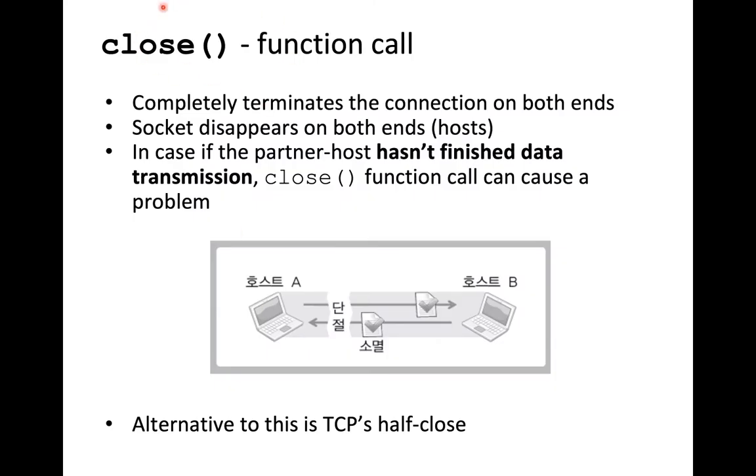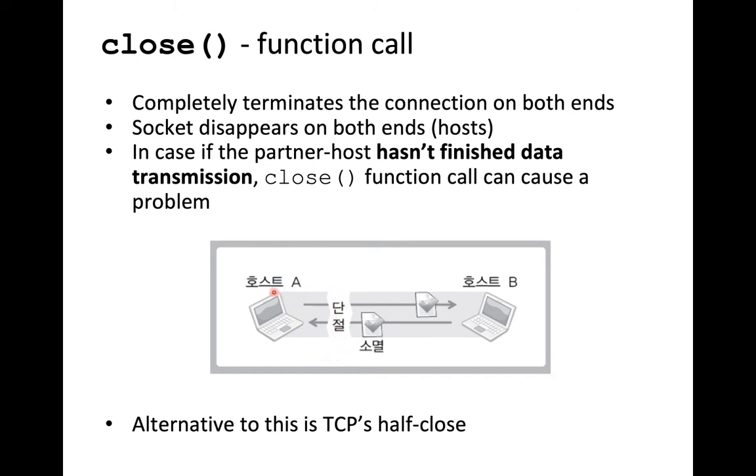Previously, we studied the close function. In the close function call, firstly, we close the client socket and then the server socket. Once we use close, we are completely terminating the connection.